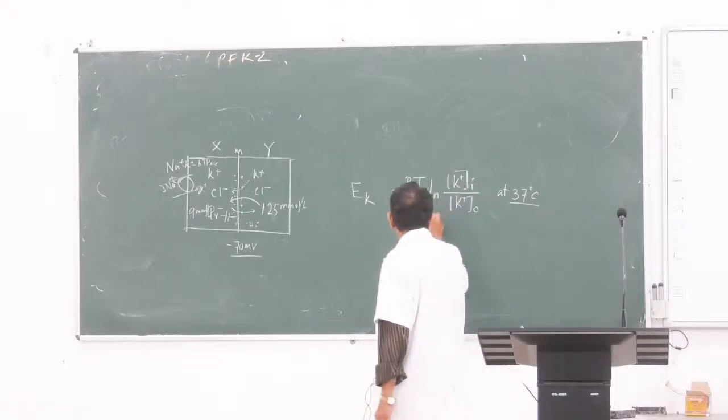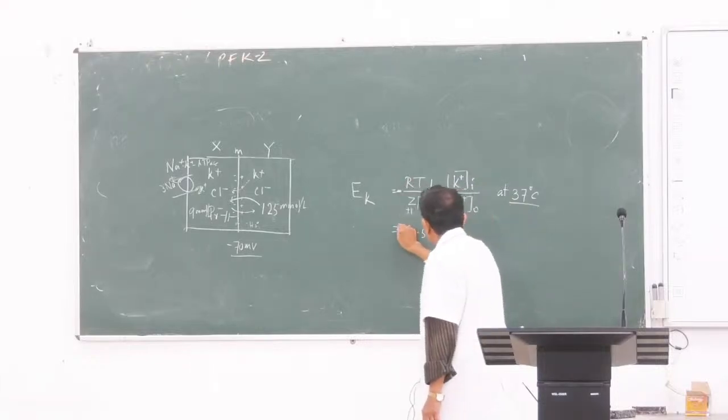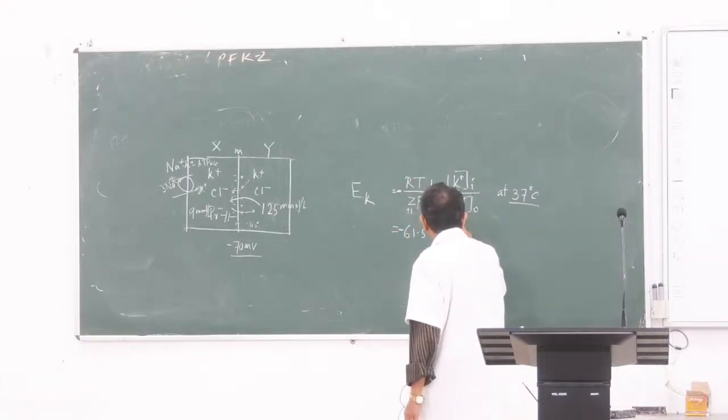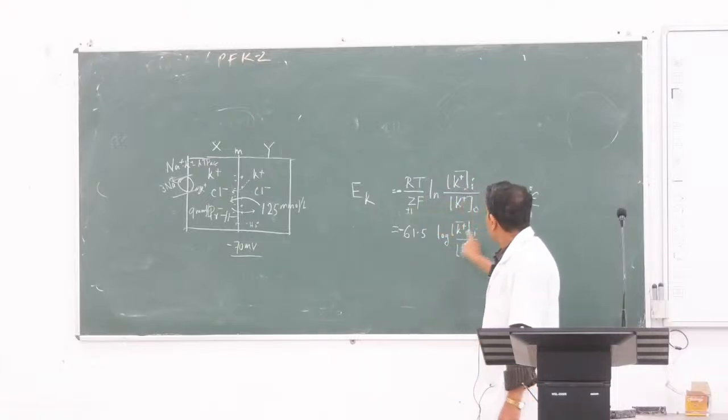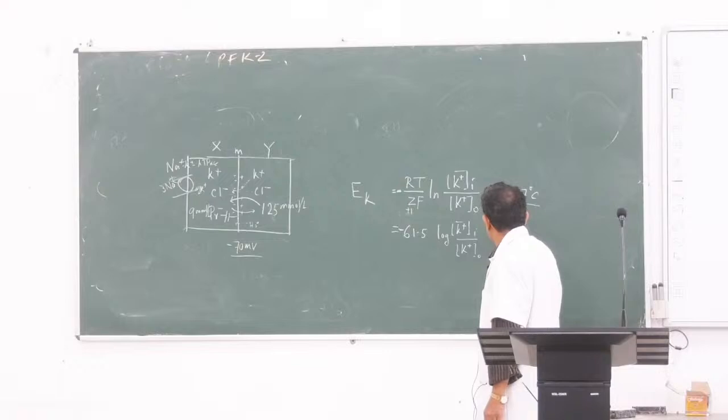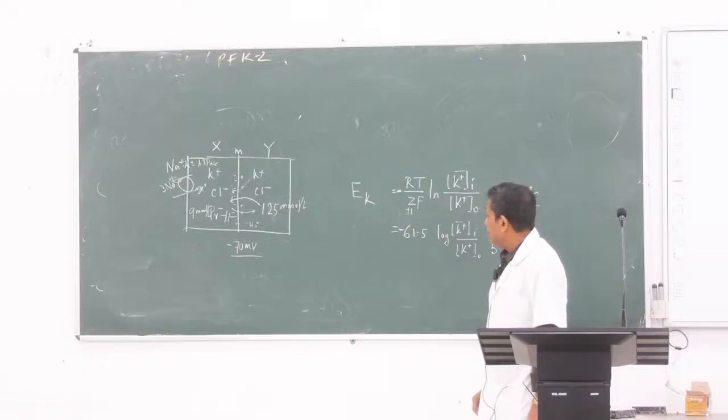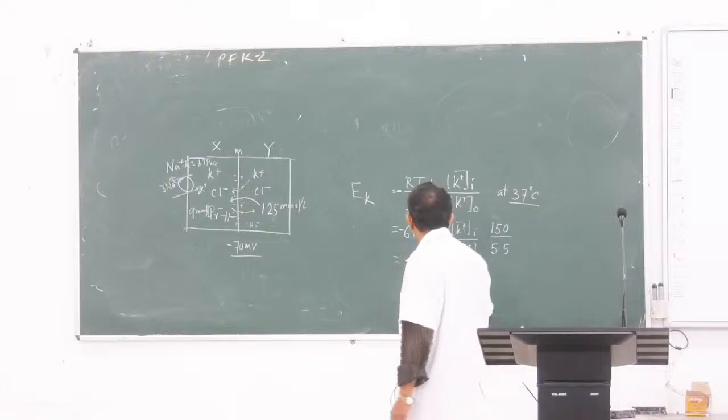It will become 61.5 log potassium concentration inside divided by potassium concentration outside. Suppose this value is 150 and outside it is 5.5 millimole per liter. Then this value will be, suppose in this case, minus 90 millivolt.